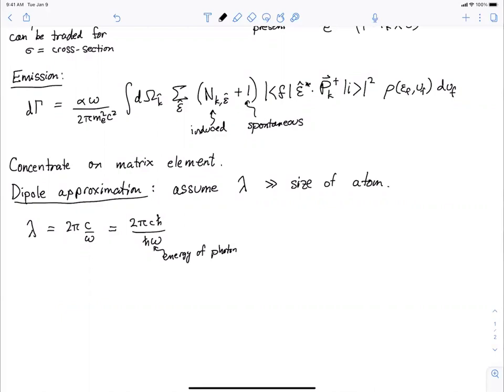That's useful to keep track of because the energy of the photon is always equal to the energy difference between the two states. So as long as I'm only worried about orders of magnitude here, I can just replace that by the typical energy of any given state, because the difference in energies will be comparable to that.